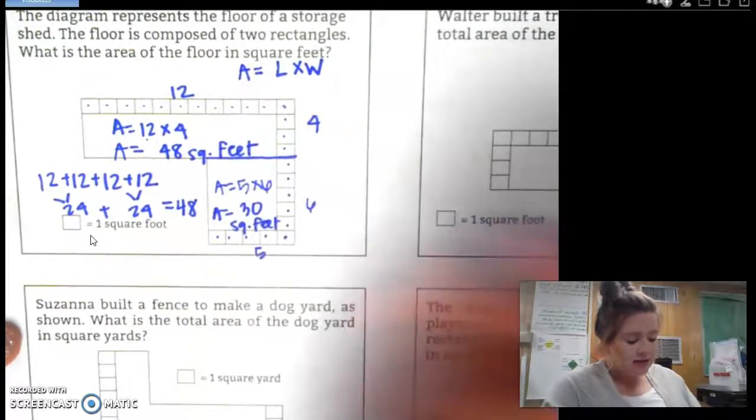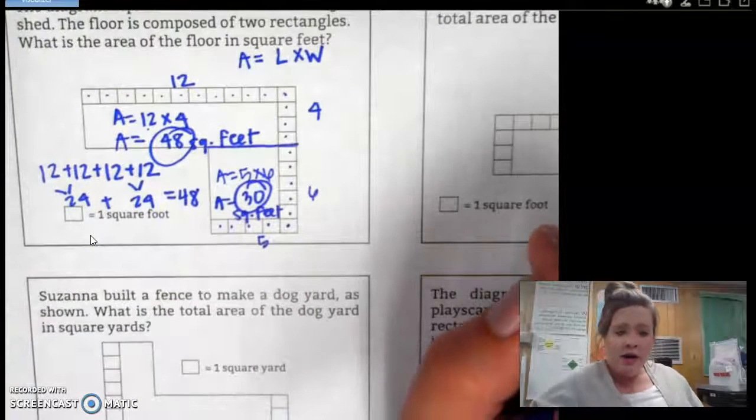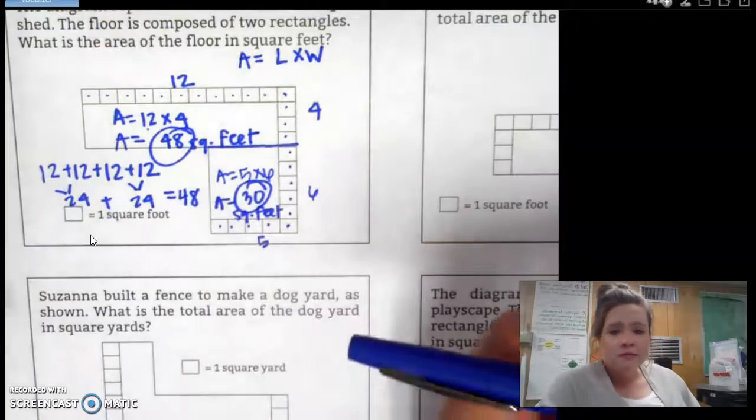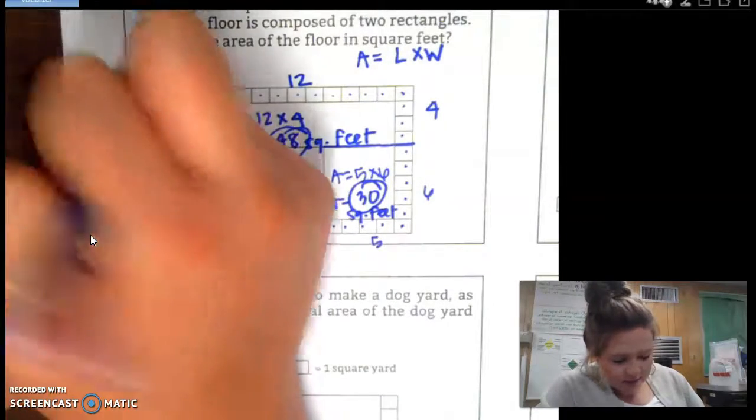Awesome. Okay, so now that I know that I have an area of 48 and an area of 30 square feet, what am I going to do with those two amounts? Because I want to find the area of the whole figure. Good, we are going to add those together. 48 plus 30.